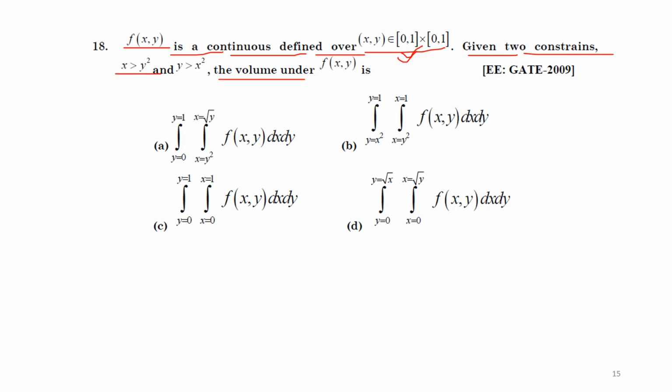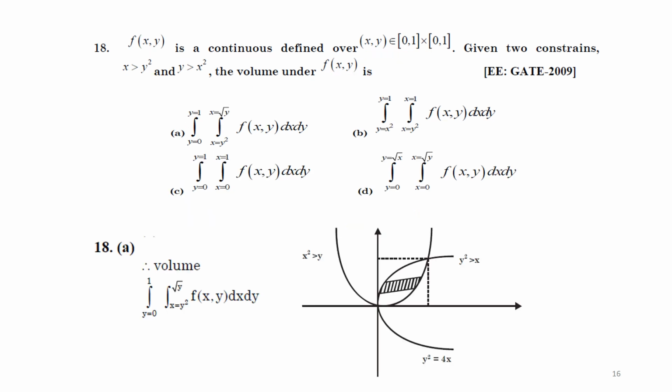The volume under f is... See, this is also a standard formula, so it is not mandatory to go through everything. Remember this. The volume under f is nothing but this, E: y from 0 to 1, x from y squared to root y, f(x, y) dx dy.